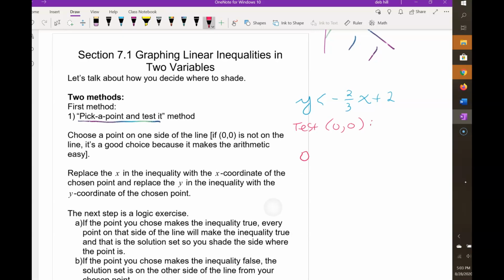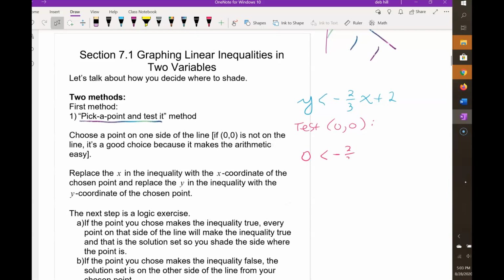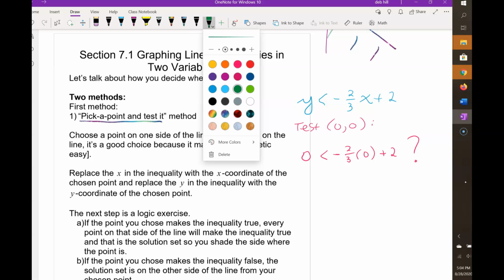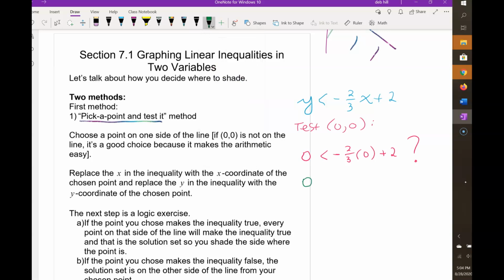So you put a 0 where the y is, a 0 where the x is, and then you're asking this as a question. You're saying, is this true? So that would be like asking the question, is 0 less than 2? Which is true. So you should shade where 0, 0 is.